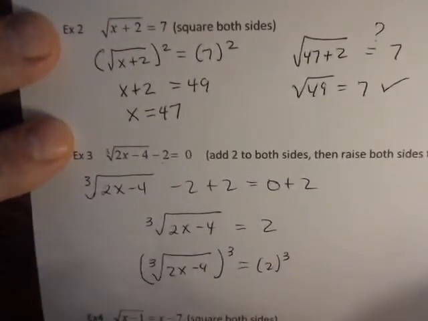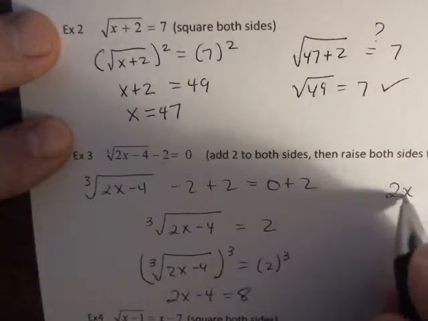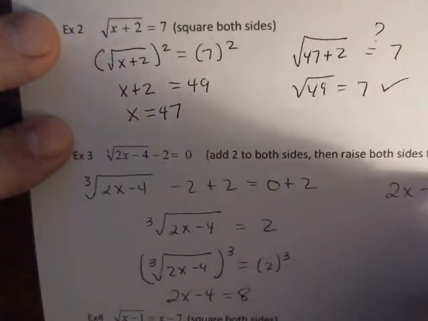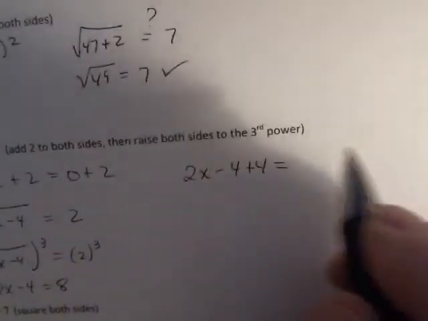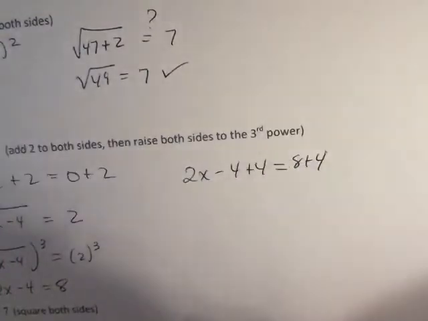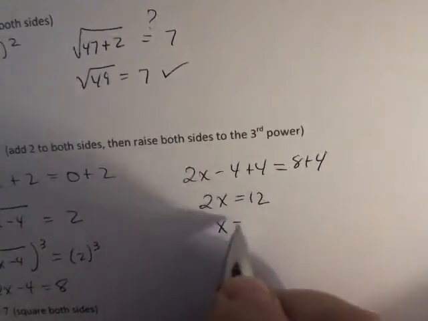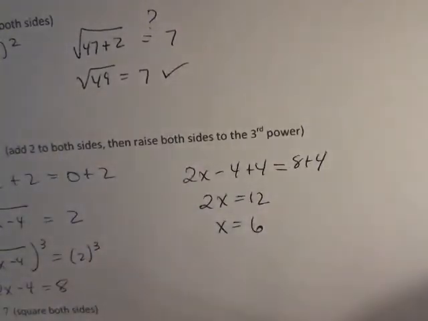Doing that undoes the cube root, and be careful with 2 to the third power. It is 8, not 6. Then I take that and I add my 4 to both sides. So 2x equals 12 and x equals 6.